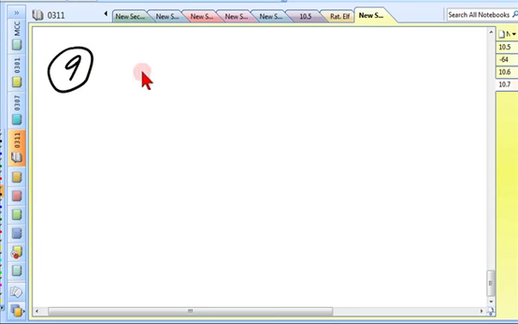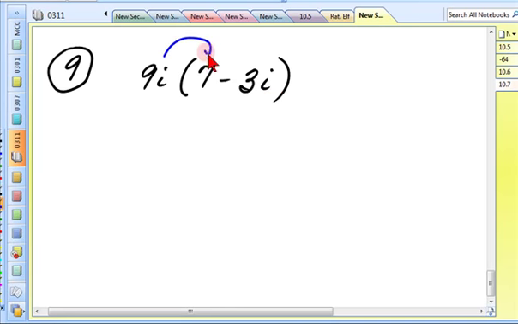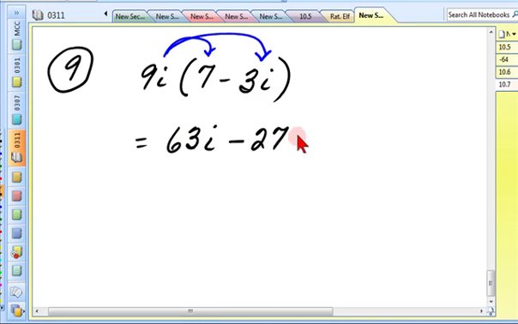Number 9. I have 9i parentheses 7 minus 3i. What kind of multiplication am I going to use? Right, distributive property. I have 9i times 7 would give us 63i, and I have 9i times -3i is -27i squared.